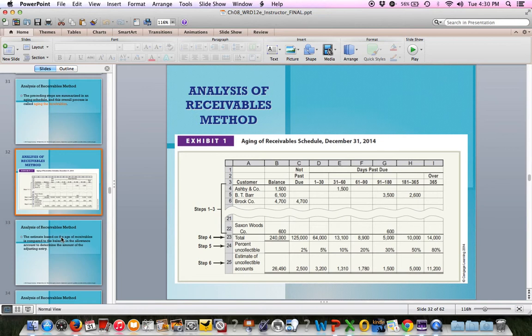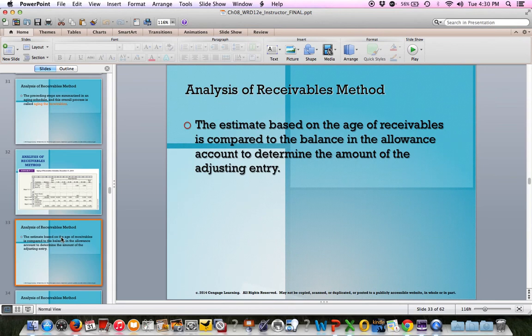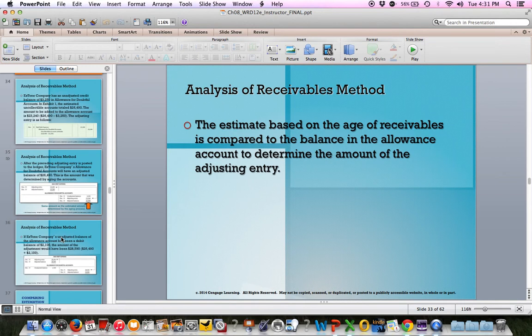Now we're looking at the actual balance that's due, that accounts receivable balance. We're taking accounts receivable and slicing and dicing it by aging of days past due. Because of that difference, we do look at what the current balance of the allowance account is.